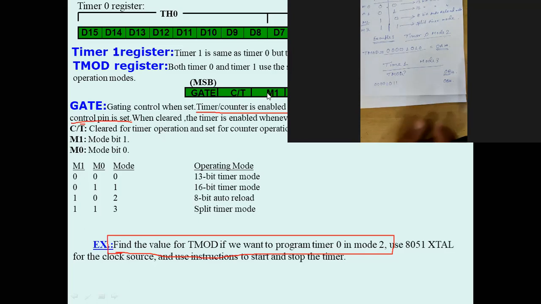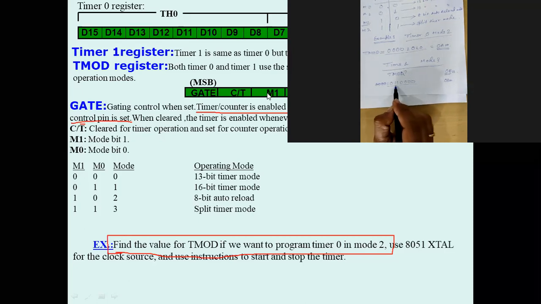Sorry, sir, it's timer 1, then it will be 10110000.